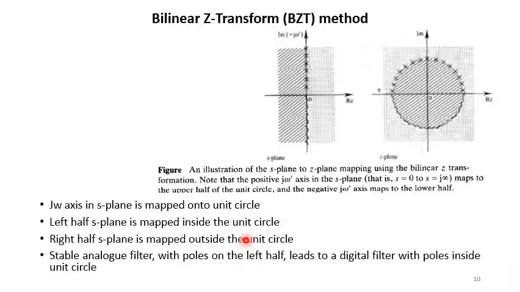So the right half is mapped outside the unit circle, whereas the left half is mapped inside the unit circle. That means a stable analog filter will have poles in the left half of the s-plane, so they will lead to poles inside the unit circle. So a stable analog filter will correspond to a stable digital filter having poles inside the unit circle.